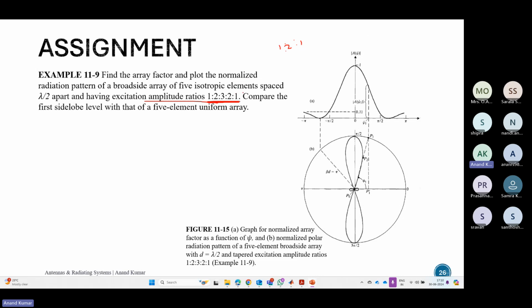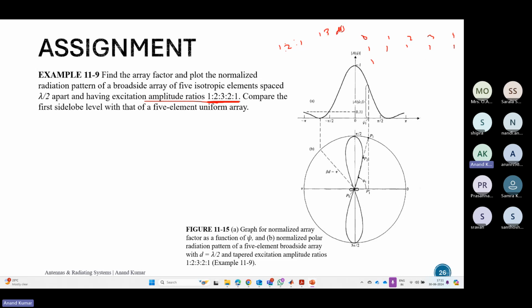So for example, if we have 5 elements, we were seeing examples of 5 elements, right? So 0, 1, 2, 3, 4, and we were giving them equal power, and that gave us a side lobe level of 13 dB.